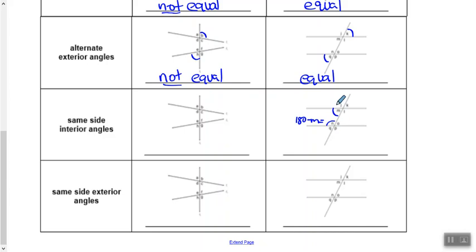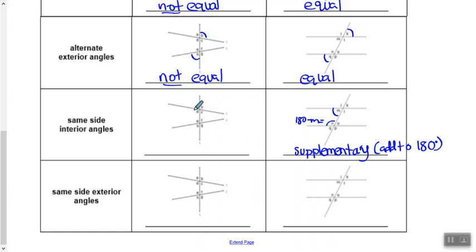So two angles that add together to give me 180, those are supplementary. Okay, so they add to give you 180 degrees.